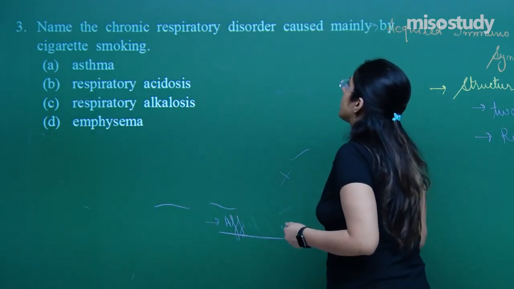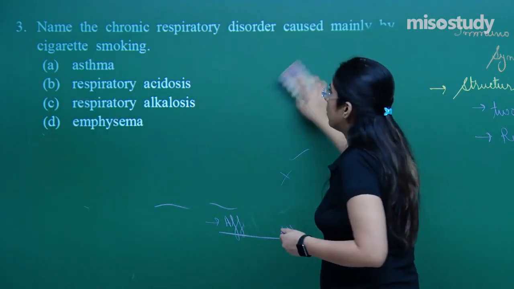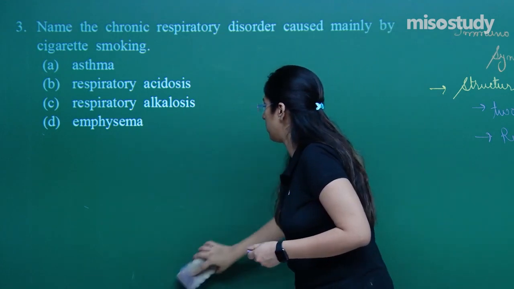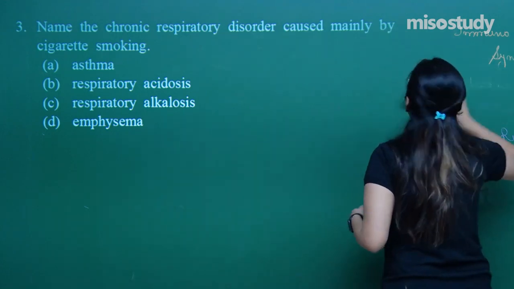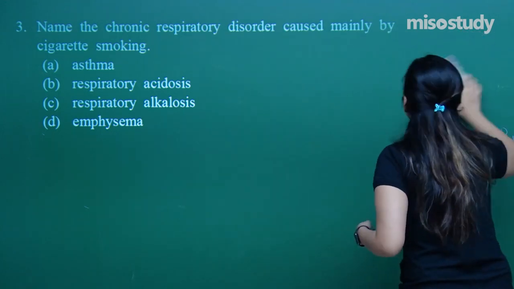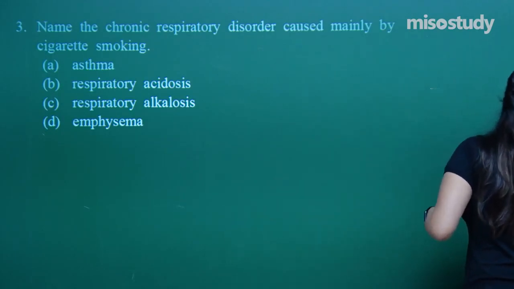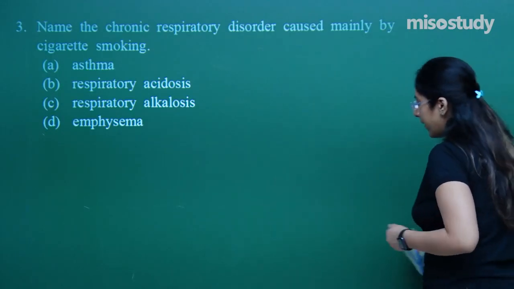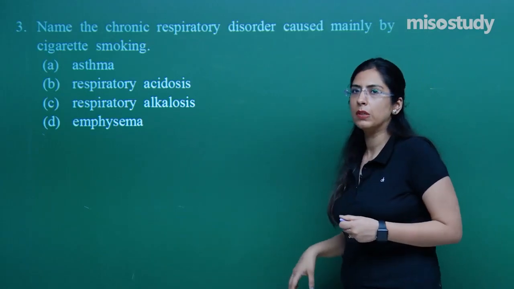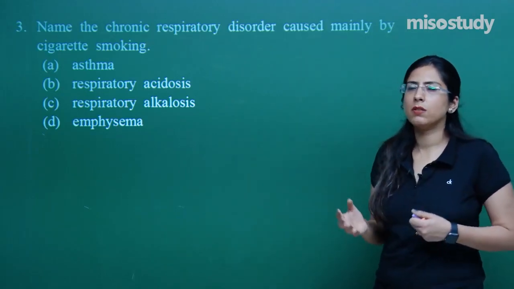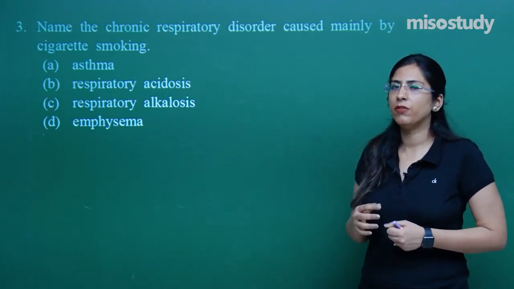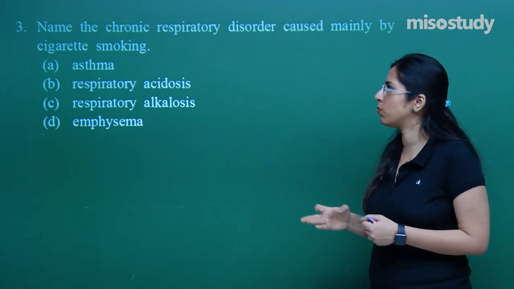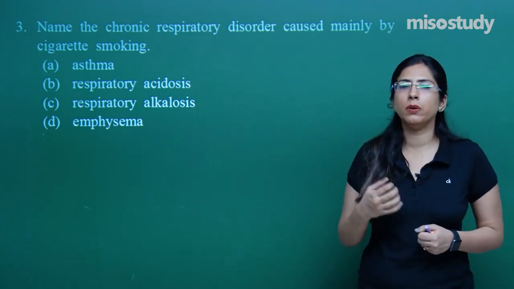Name the chronic respiratory disorder which is caused mainly by cigarette smoking. Cigarette smoking is a major problem, not only for older people, the youth are also exposed to this bad habit.